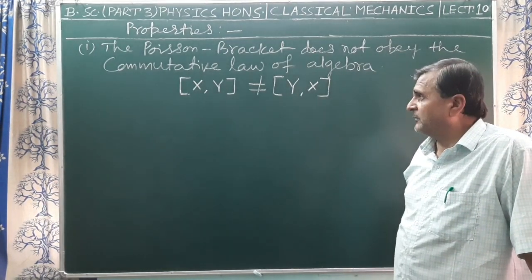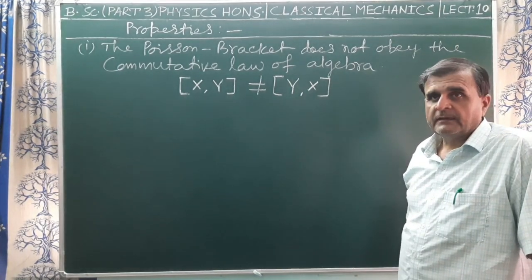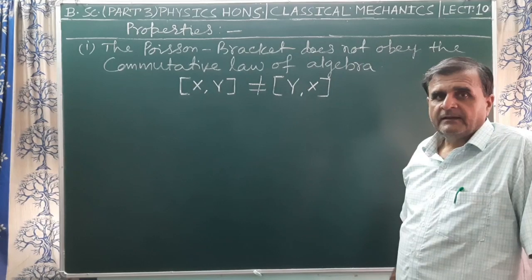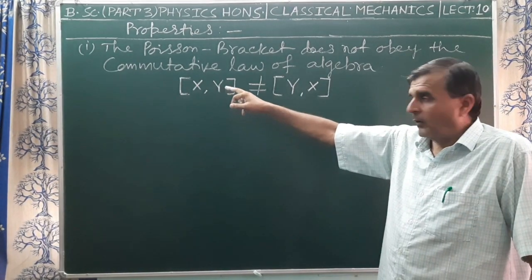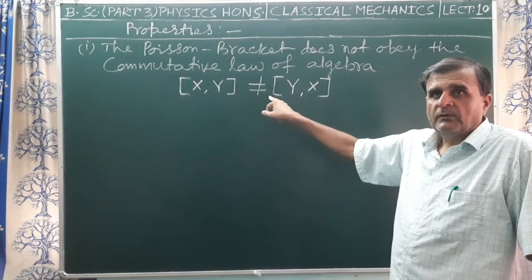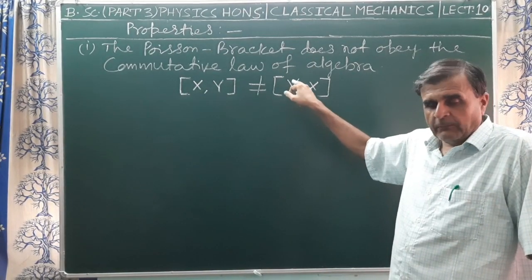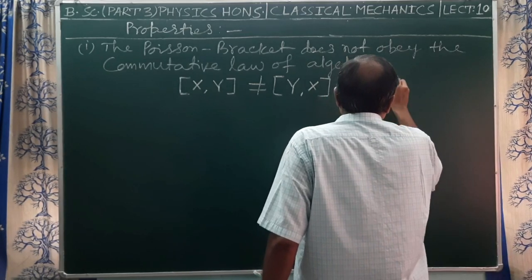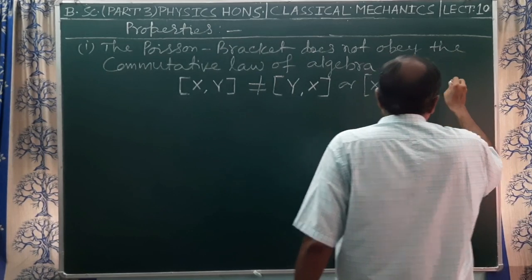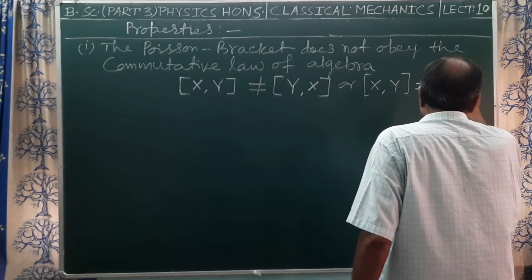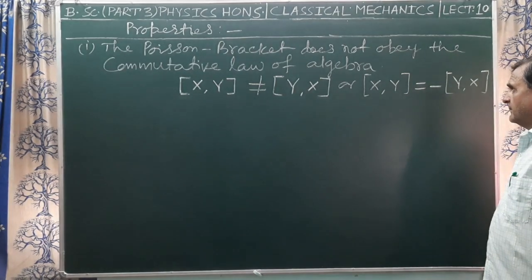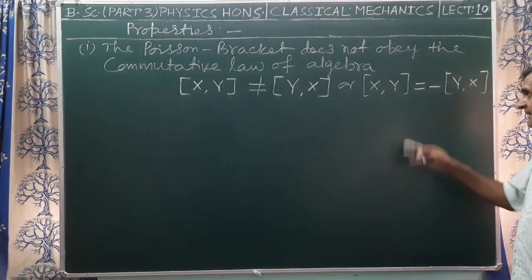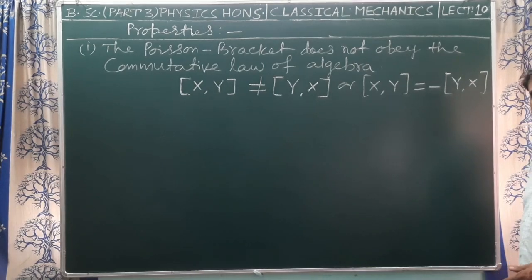Thus it is clear that the Poisson bracket of two dynamical variables X and Y does not obey the commutative law of algebra, because [X, Y] is not equal to [Y, X]. Or we can write [X, Y] equals minus [Y, X]. The minus sign indicates that the Poisson bracket of two variables X and Y does not obey the commutative law of algebra.